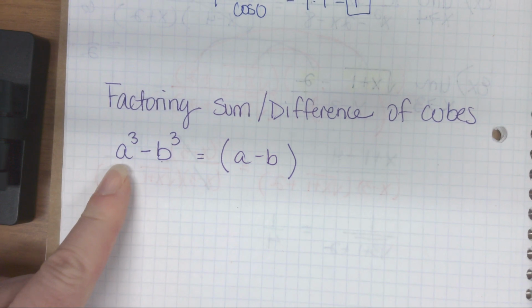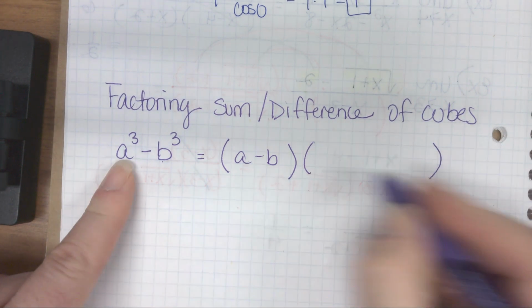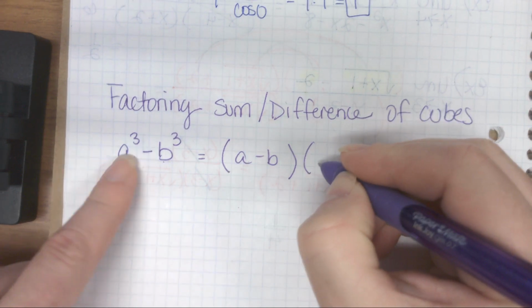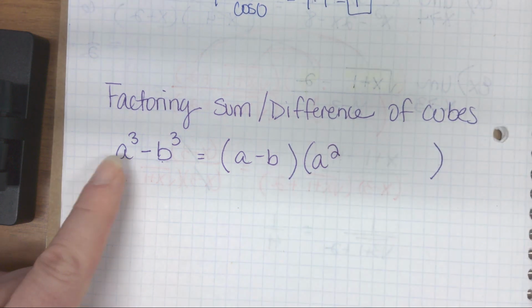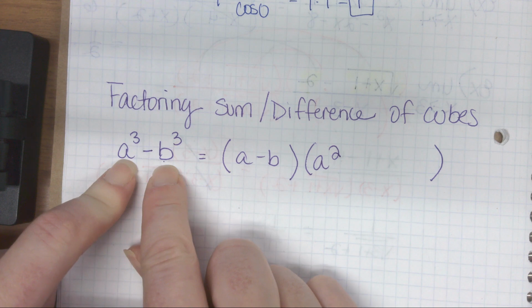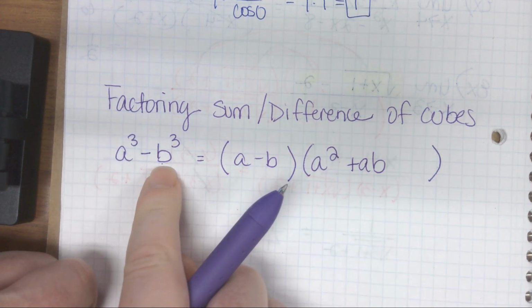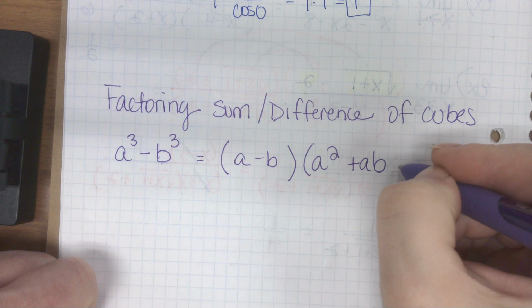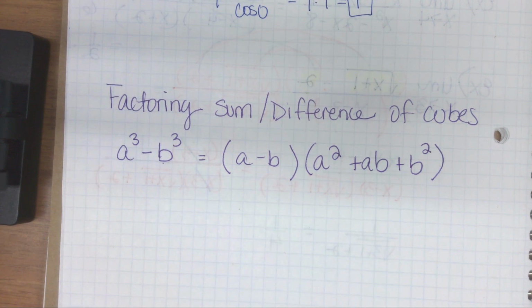And then the second is a quadratic factor, and the quadratic is going to always be this one squared. You're going to take the product of this, ab, and you make it positive. And then this would be b squared. And you cannot factor any further than that. So you're not going to be able to take this further.